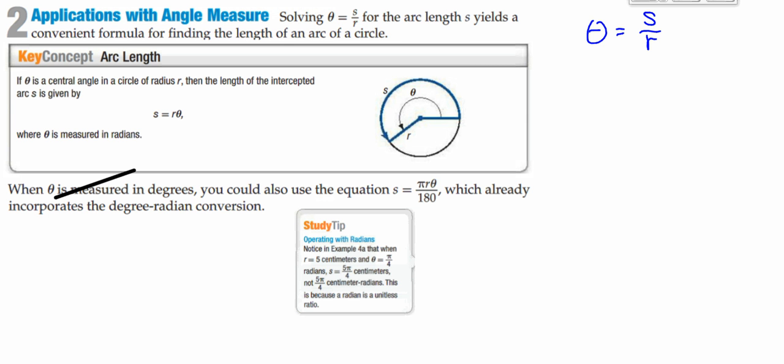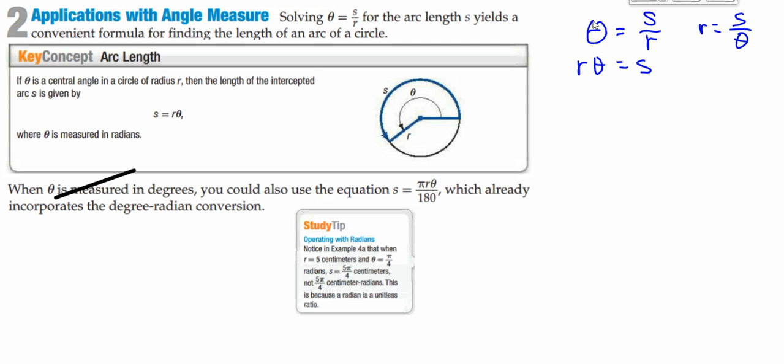Do you agree with those three related equations? If I multiply both sides by R, I'll get R theta equals S. If I then divide by theta, I'll get that R equals S divided by theta. So if two things multiply to be a third, you can always get these three little relationships.